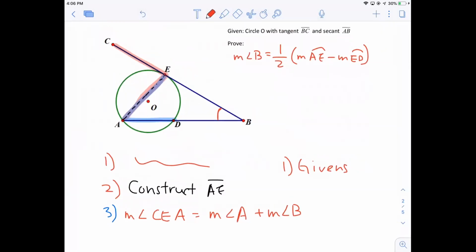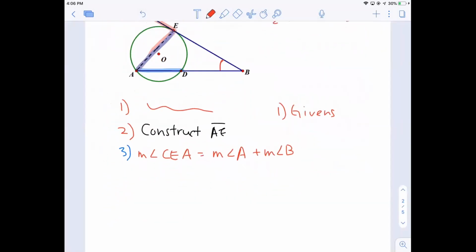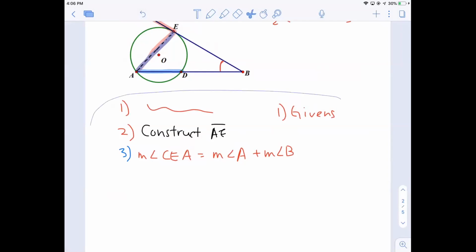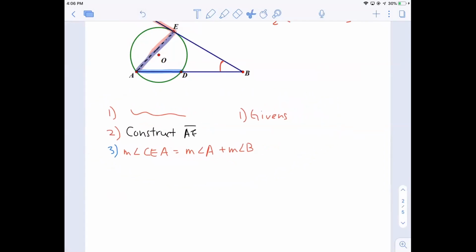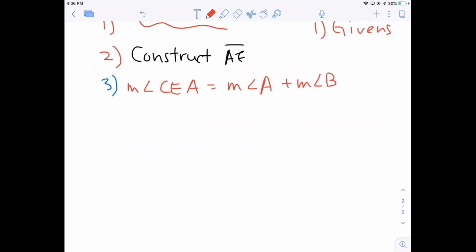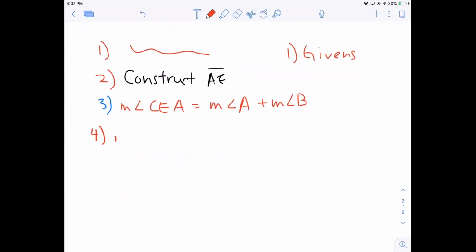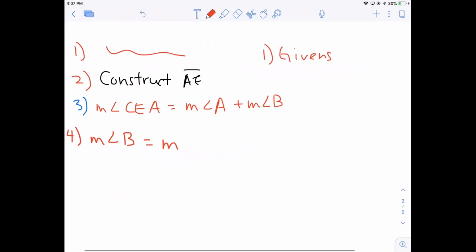And that theorem is the measure of an exterior angle in a triangle is equal to the sum of the two non-adjacent interior angles. So let's solve for the measure of angle B, because that's the angle we are interested in. Let's say the measure of angle B is equal to the measure of angle CEA minus the measure of angle A, and that's just the subtraction postulate.